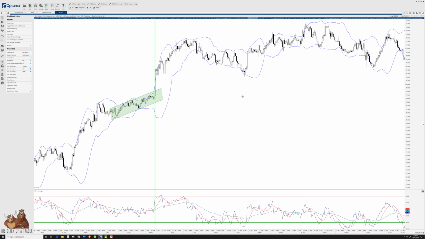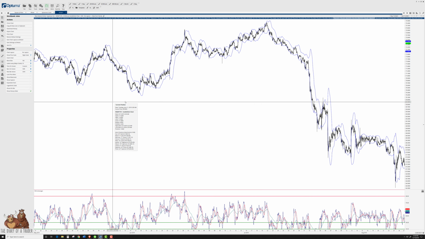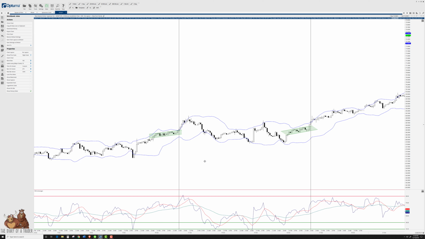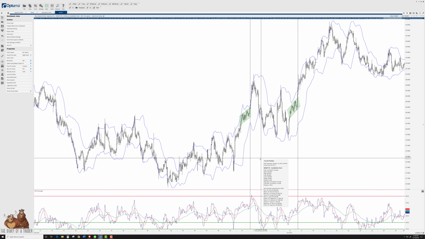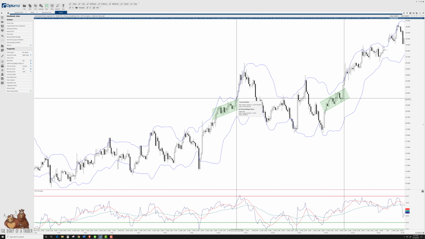So this is one example. If we move over to the right side here, closer to some more recent price action, we can see there's a couple of ascending channel breakouts, all around the same area. Price broke above the ascending channel, and not only that, it broke above the Bollinger Bands.